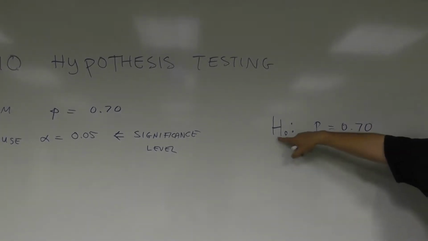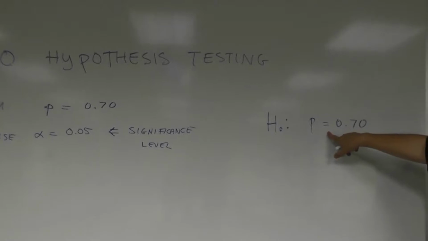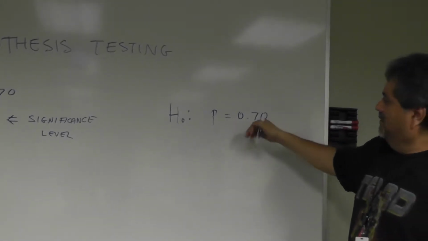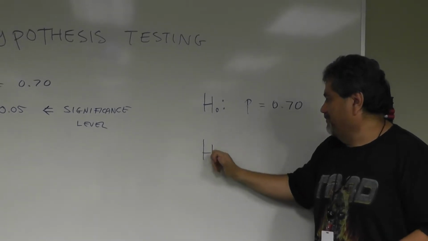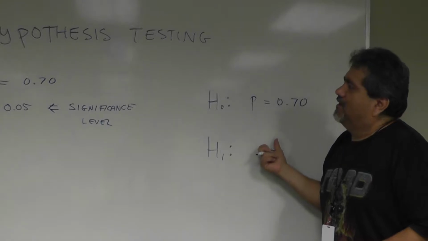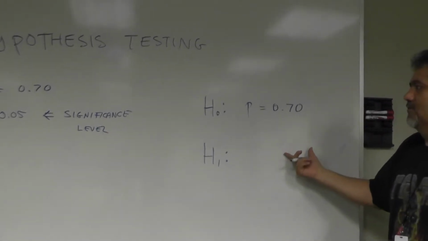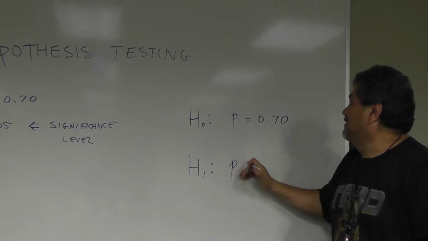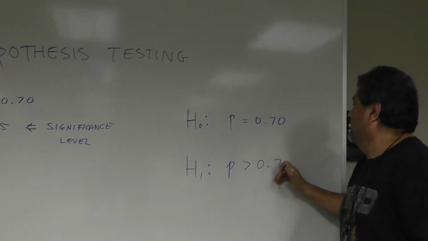Notice that the null hypothesis is always about an equal sign, right? So this is an equation, that's why this is the null hypothesis. Now the alternative, all right, it is not very clear which one we are going to use, but for the sake of this illustration, let's use p greater than 0.70.